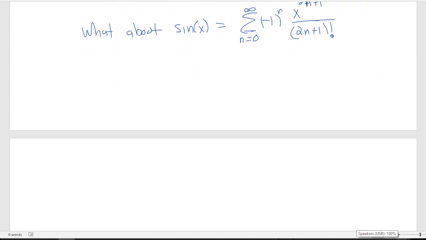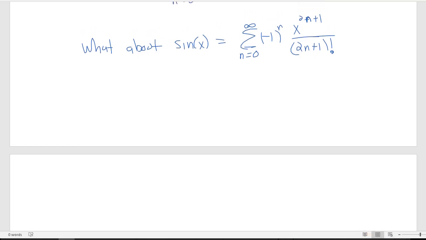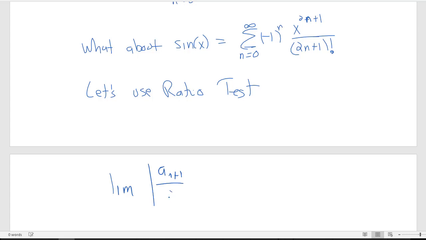What we're going to typically do in this section is almost exclusively use the ratio test. So let's use the ratio test, and let's watch how really cool this becomes. Remember, the ratio test: I take the limit of the ratio of any pair of adjacent terms, and I investigate this limit.